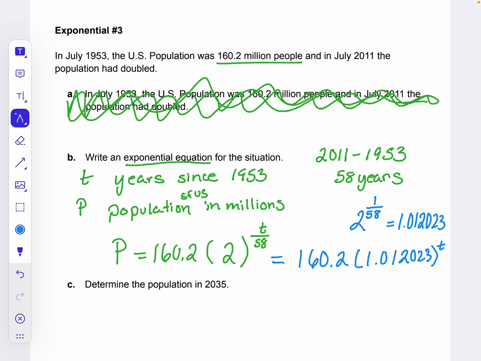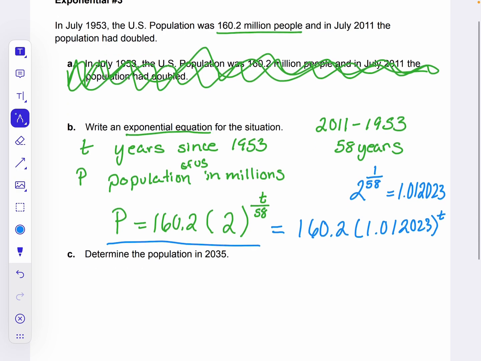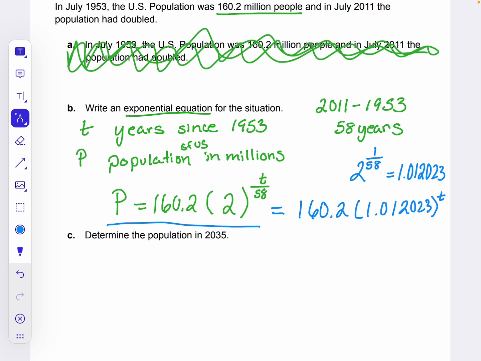Either would be acceptable if you were asked to create an equation for a situation like this. I'm going to use the first one when answering a question like part C, because it's more exact, whereas I had to round in the other one with the annual growth factor. I tend to go with exact values if I can.